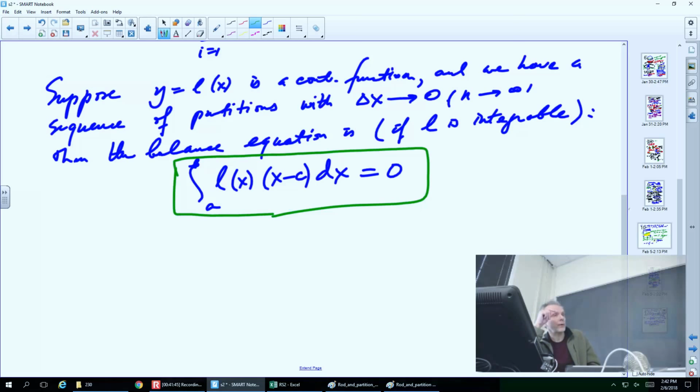You sample the density, if it varies, and put it in a spreadsheet. And then you don't need to do integration, because what is the point? It's going to be summation anyway. So you do summation. You have the center of mass by that formula that we already used.